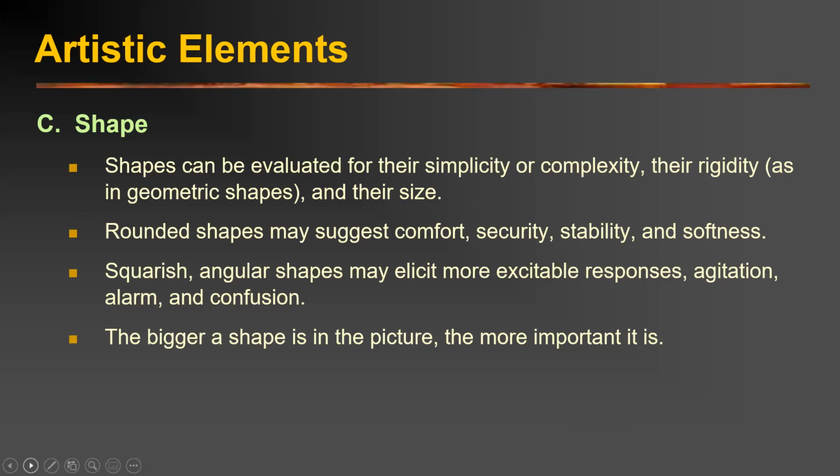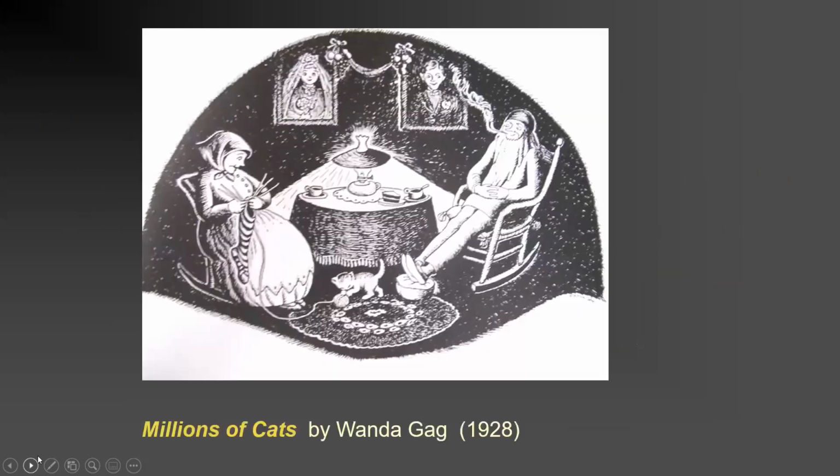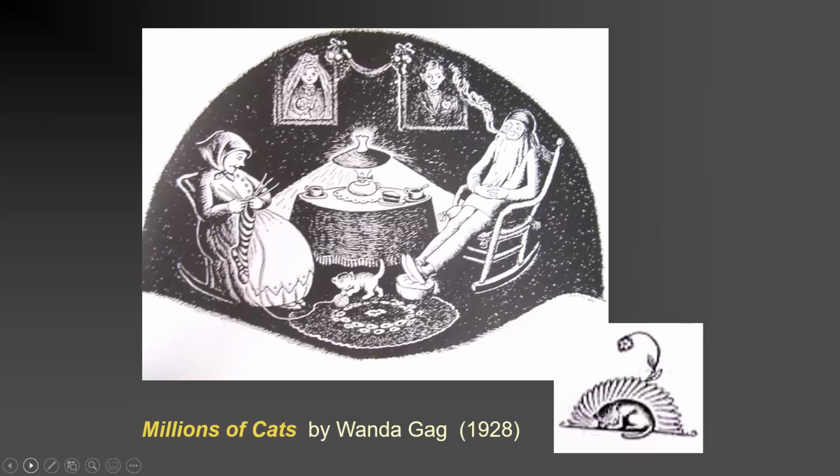So that's what this bullet is all about. Okay, so again, usage of curve, rounded lines, which again suggests comfort, security, and stability and softness. Yan, which is true naman. Yan din naman yung nararamdaman natin as we look at this picture. Okay? So softness and security. Yan. And also this one.